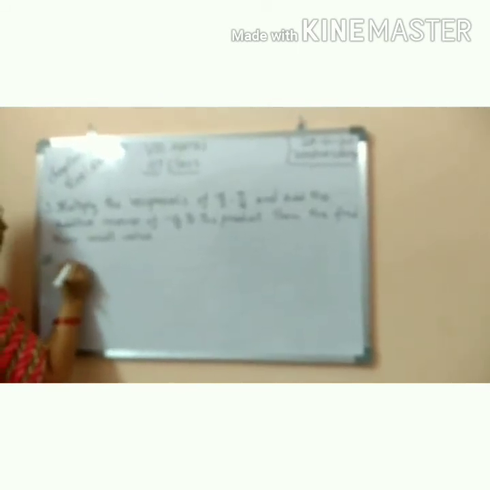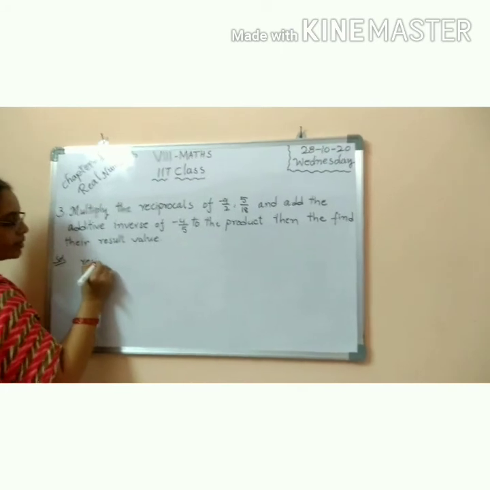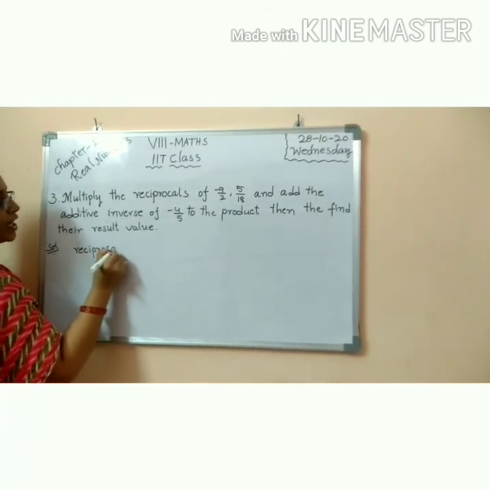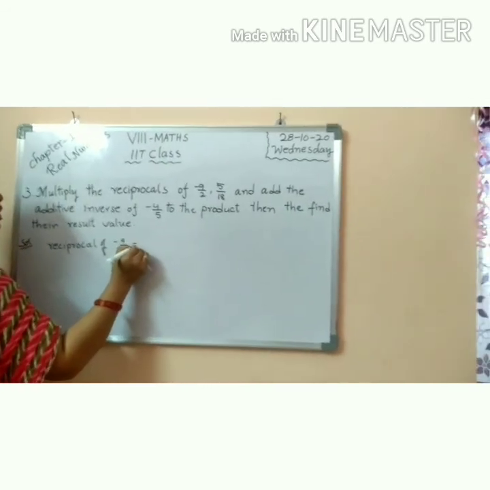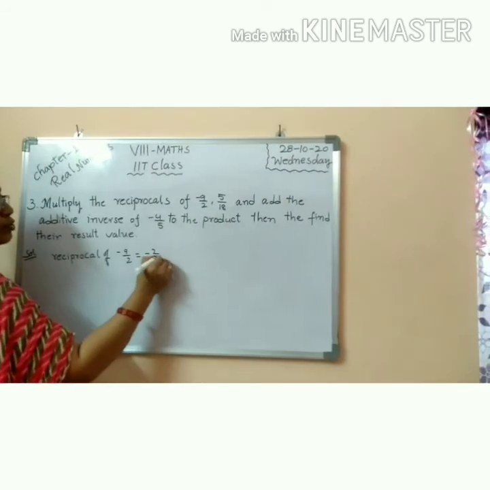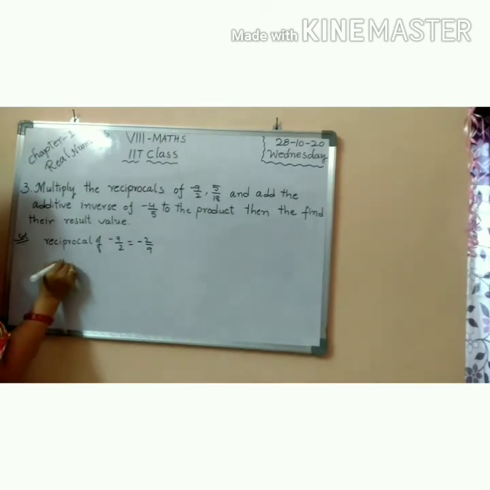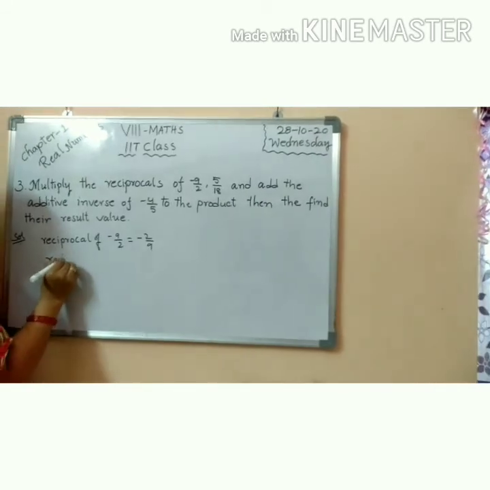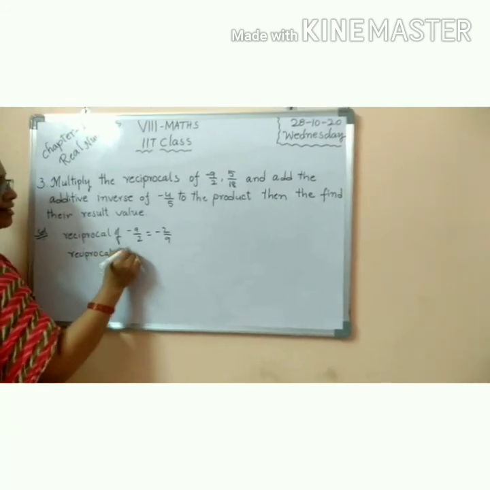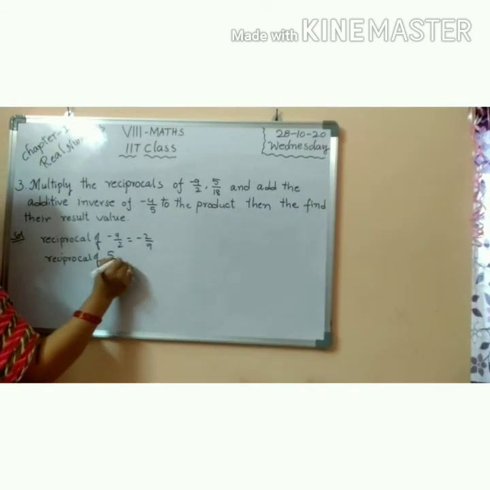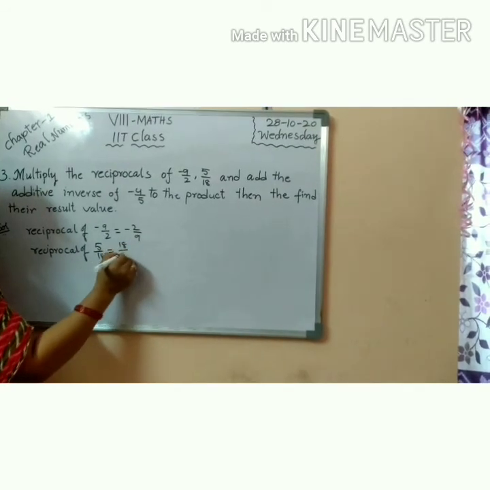Okay. So first we'll find the reciprocal of 9 by 2, which is 2 by 9, and the reciprocal of 5 by 18 is 18 by 5.